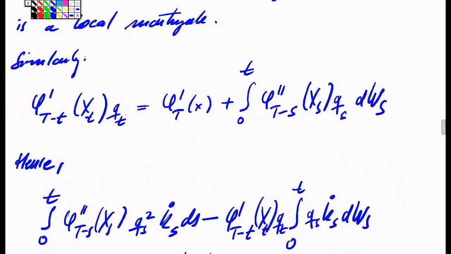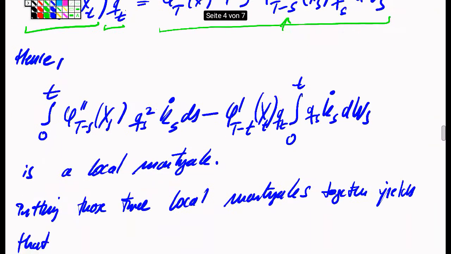The next martingale which we consider is one which appeared already in our discussion of the Bismut derivative formula for the first order derivative. It's the martingale which is obtained by evaluating the phi prime function in reverse time along the trajectories of the process, but multiplied with this factor q to the qt function. By the computation that was done there, we convince ourselves that this is a martingale, and moreover, we have this explicit representation of this martingale increments by means of this stochastic integral.